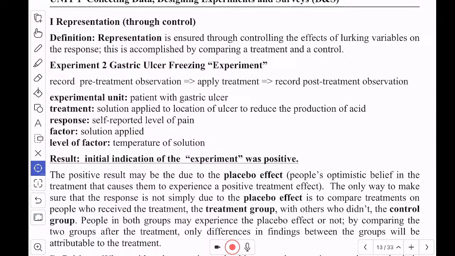I use quotes, the so-called experiment. What's the problem?